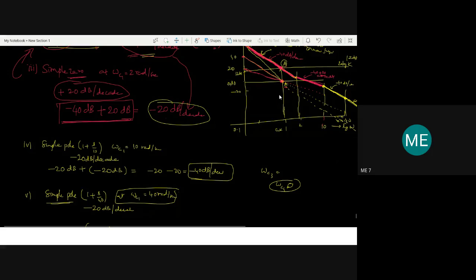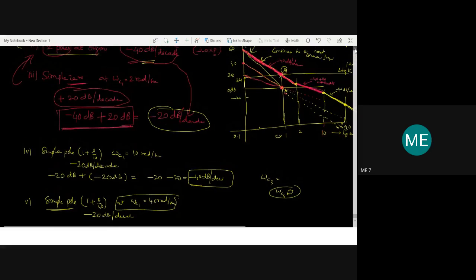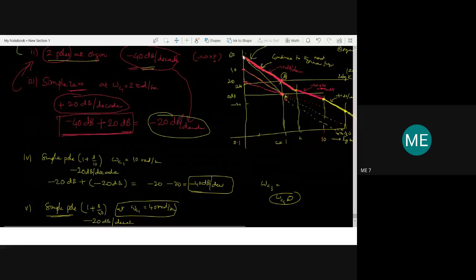To see how it looks, take the 0 dB line at omega equal to 1, the point A, and the plus 60 point from the magnitude plot, and join these two, then we get this.